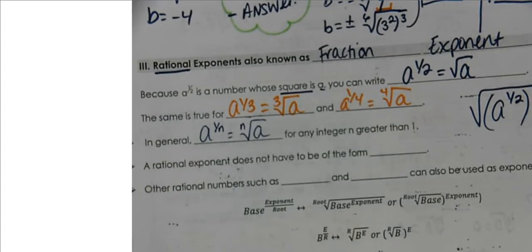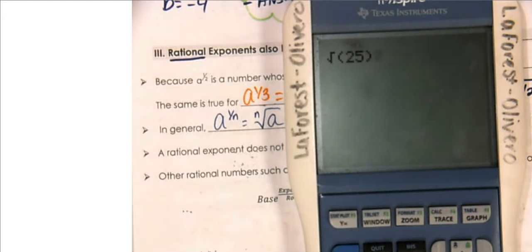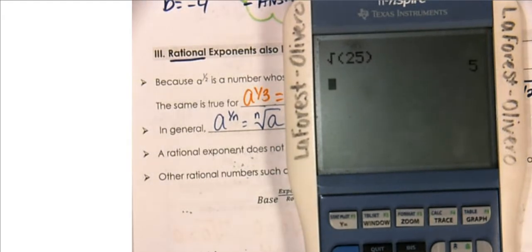Try it. For this section of the lesson, you're going to want a calculator, and I strongly encourage you. We know that if we were to just take the square root of 25 on our calculator, we would anticipate that the answer is 5. But a square root is equivalent to 25 raised to the 1/2 power.